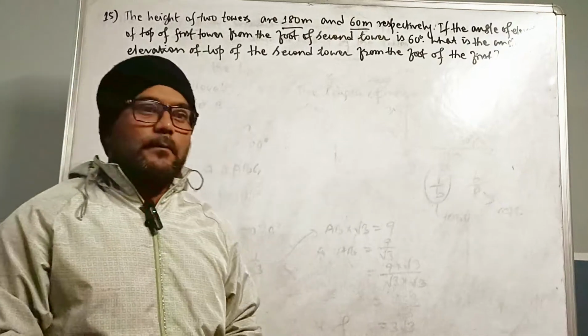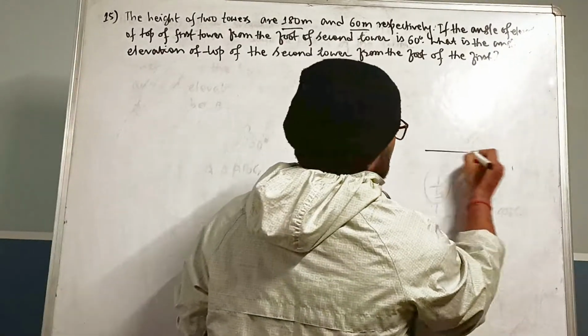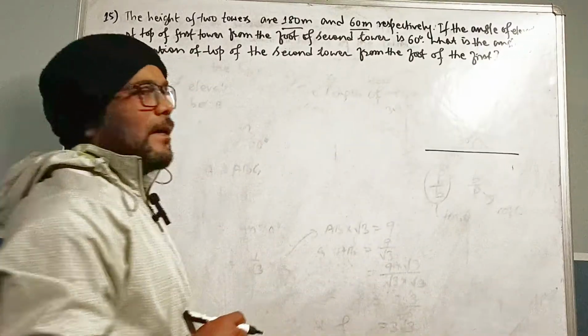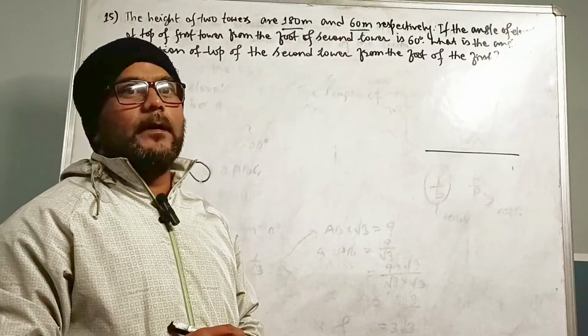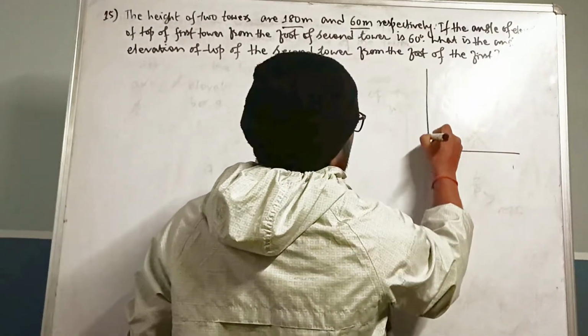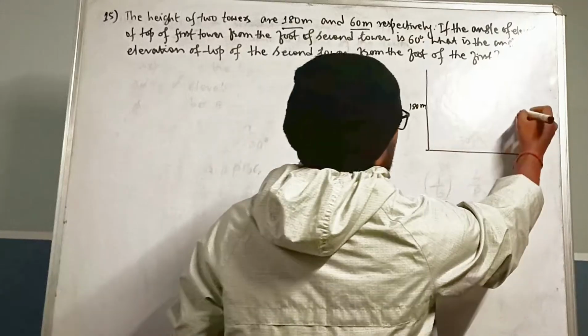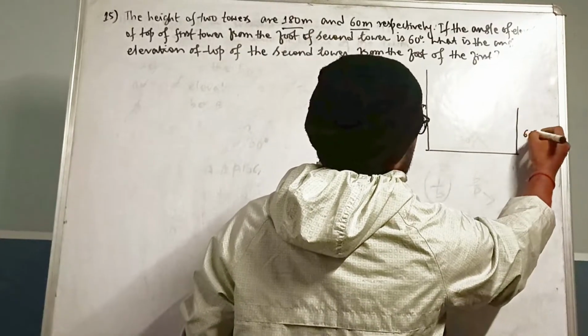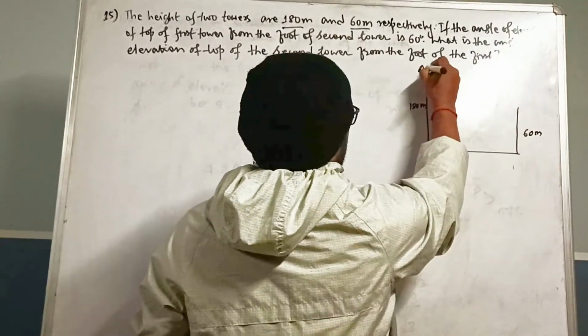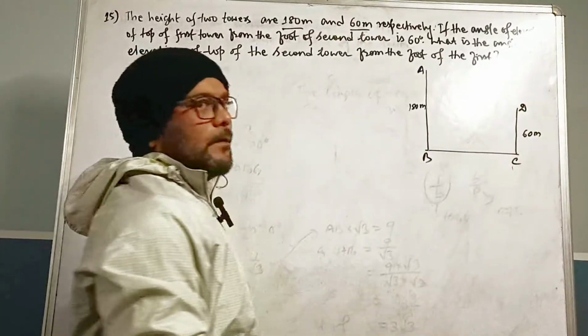In this question it is given that there are two towers, so drawing a diagram is very mandatory. Here you can see this is the first tower, which is 180 meters, and this is your second tower, which is 60 meters. AB is the height of the first tower and CD the height of the second tower.